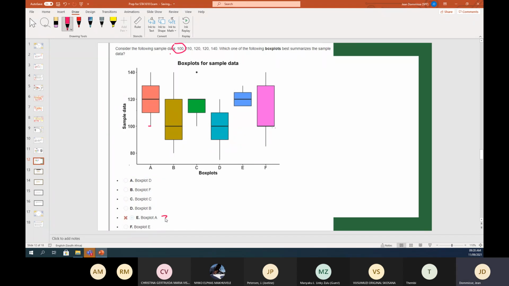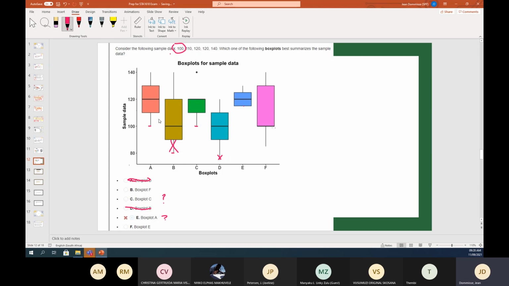Minimum 100, but that is sitting at 80, so box plot B can't be. Minimum sitting at 100, so it can actually be box plot C as well. Minimum sitting at 80, so it's not D.